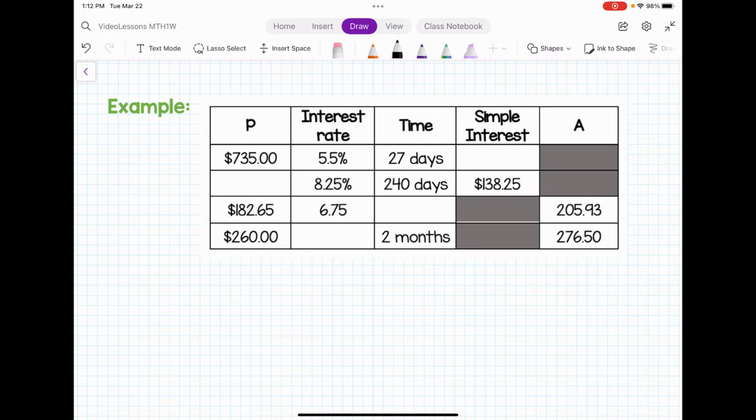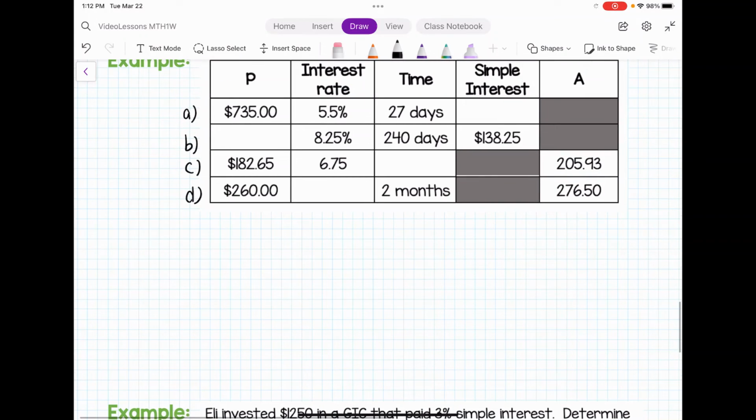So in the first row, we want simple interest. So I'm going to actually number these just A, B, C, and D. So in example A, we want simple interest, so we're going to use the simple interest formula. Now our principal is $735.